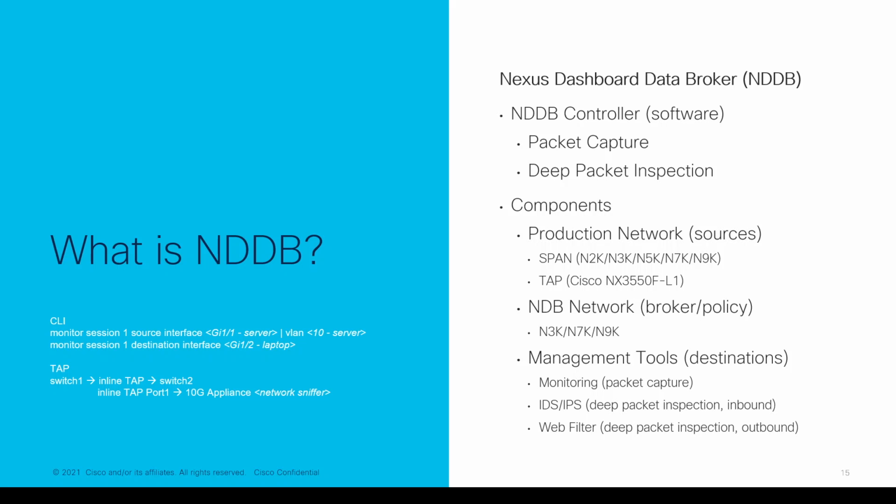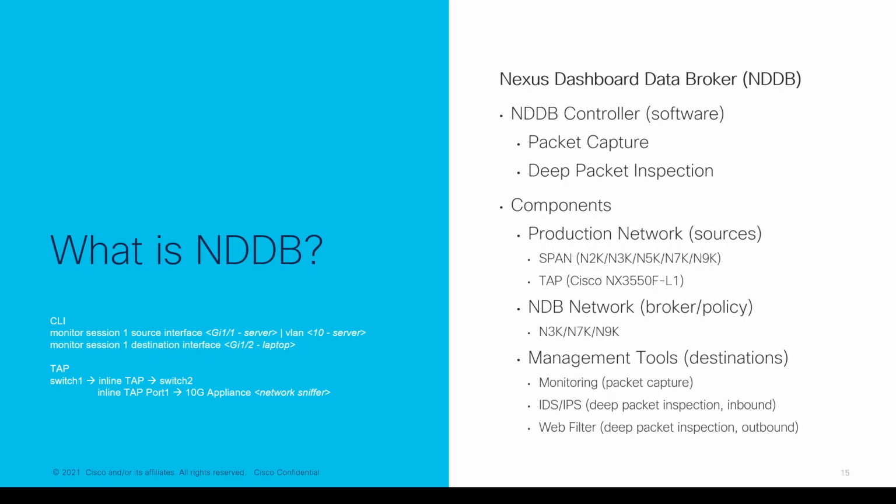Using the software, you now configure policies which dictate which source ports on which device within which fabric, and which destination ports on which device within the fabric. You connect these elements together into what amounts to a much more scalable solution. Also, it's more performant because with the variety of hardware devices which can be used to form the Nexus Data Broker network, we can support anything from 1 gig up to 400 gig.